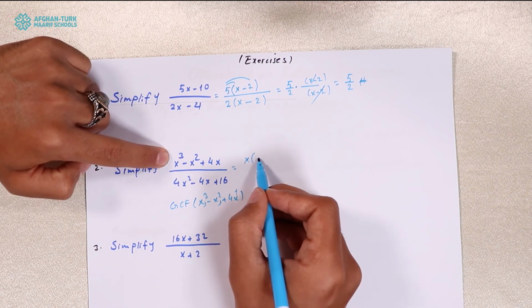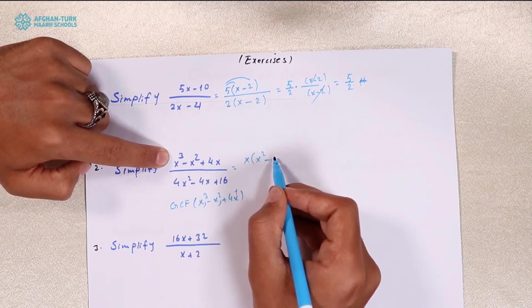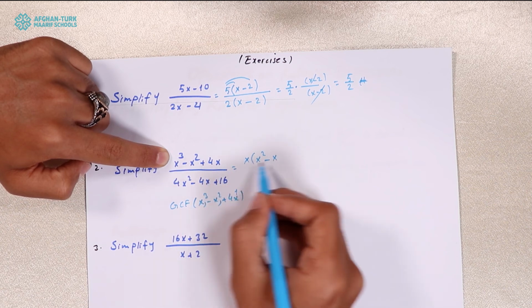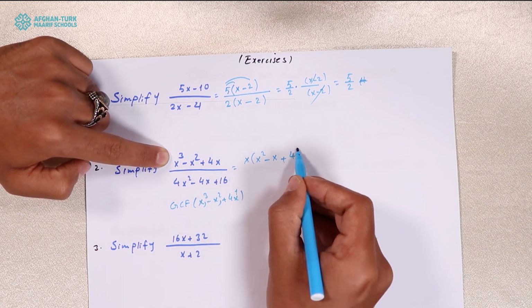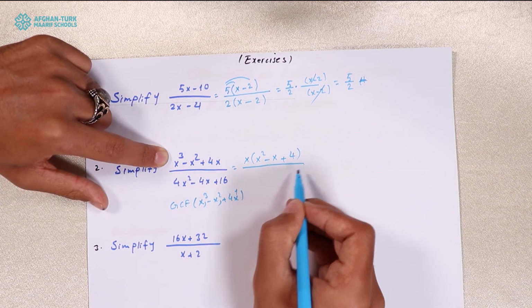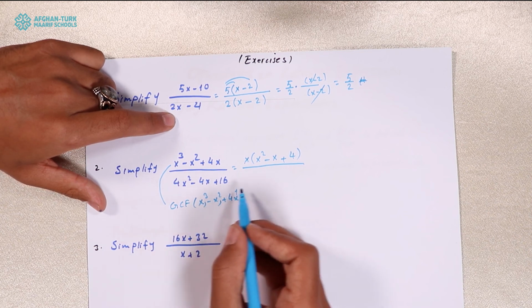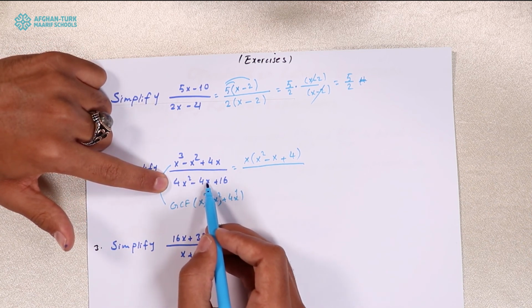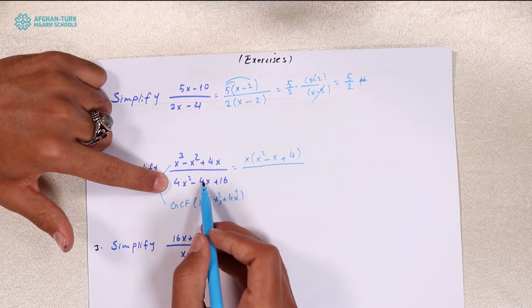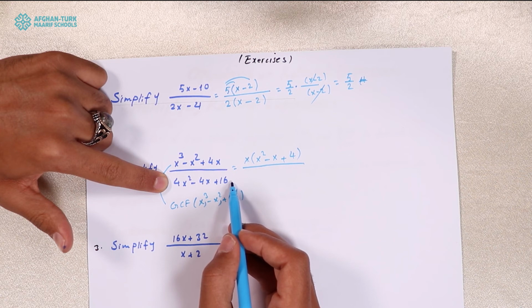x cubed divided by x is x squared, minus x squared divided by x is x, plus 4x divided by x is 4. In the denominator, 4x squared minus 4x plus 16, we have three real numbers and just two variables in different terms.